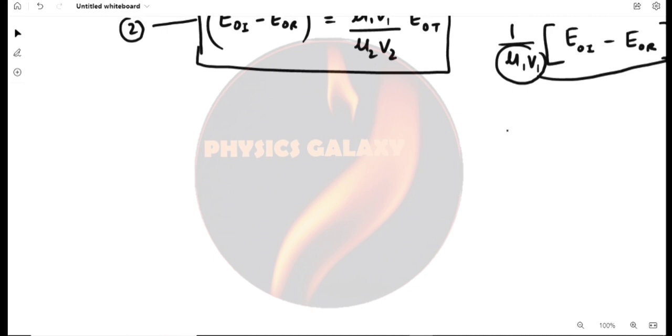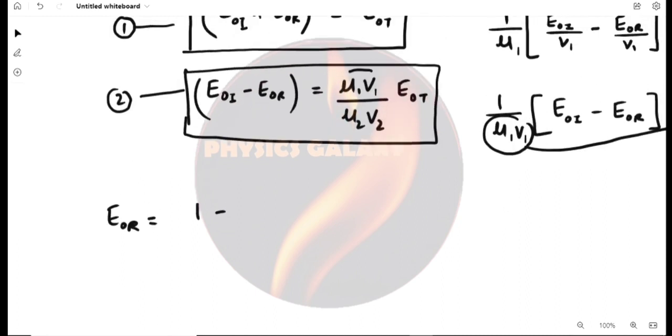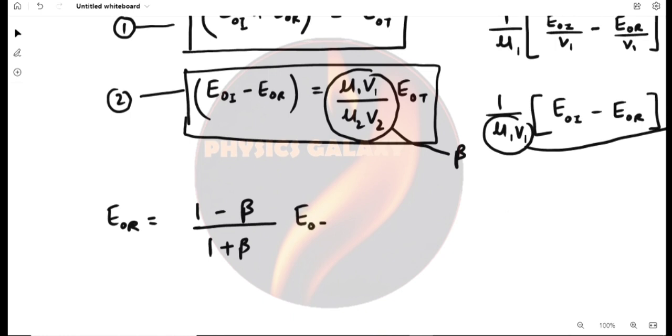So I will write simply E naught R equals 1 minus, first of all I will write this factor as beta. When you solve these two equations, you will get 1 minus beta divided by 1 plus beta times E naught incident.